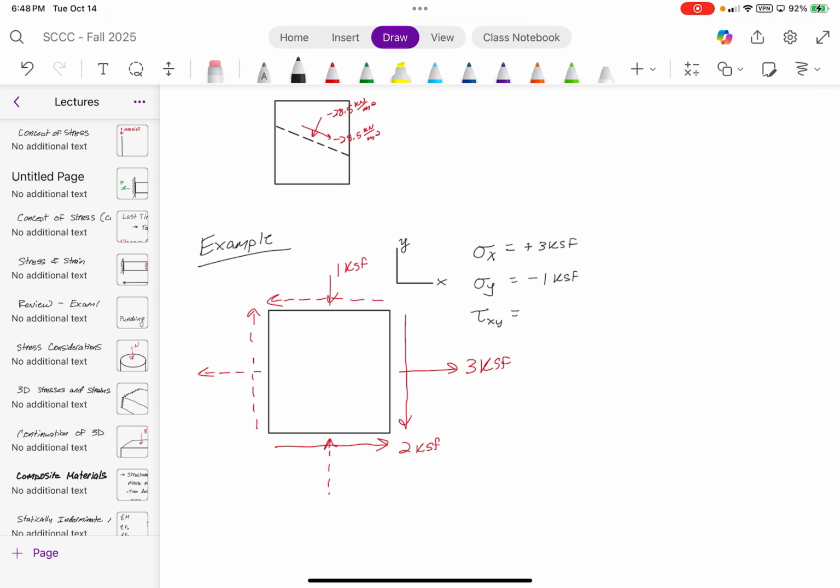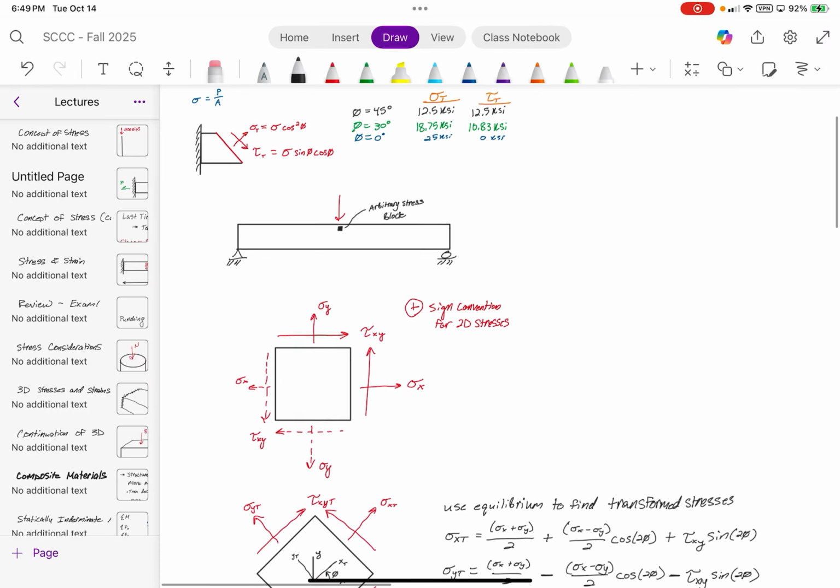You just add them or something? Not quite. No, they're all the same shear force. Would it be 2? Nope. Positive or negative 2? Positive? Nope. Negative? It's -2.